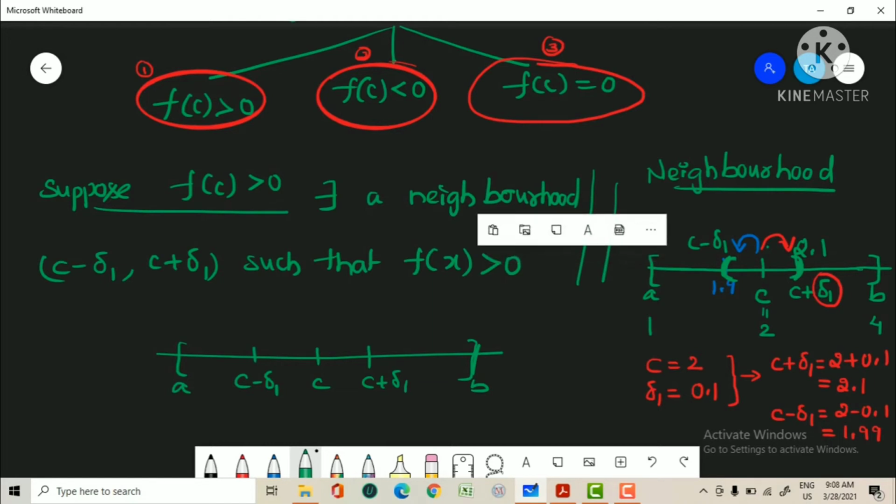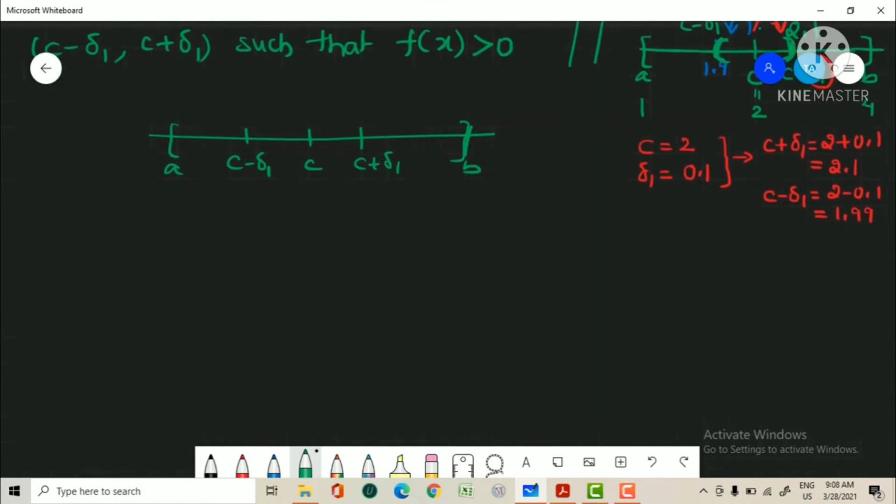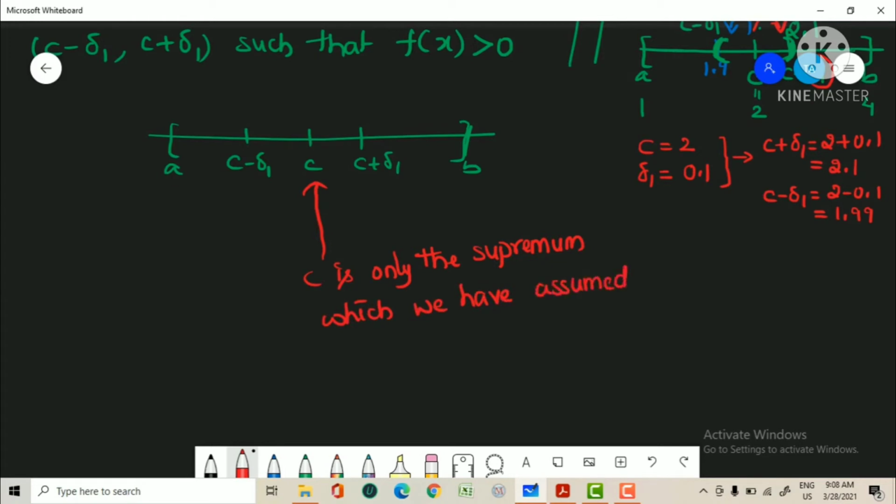Now listen carefully. C is only the supremum which we have assumed, right? So this part may not exist, or we'll say the latter case is not required.